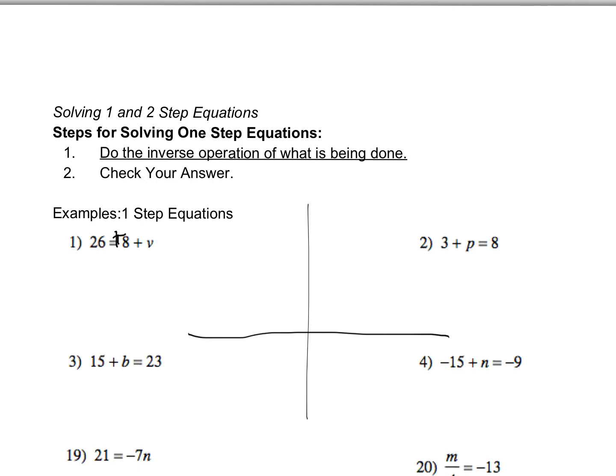So to get rid of 8, we need to figure out how we can get to 0, if that makes sense. So what plus or subtracted 8 equals 0? We would do minus 8 and cross it off.